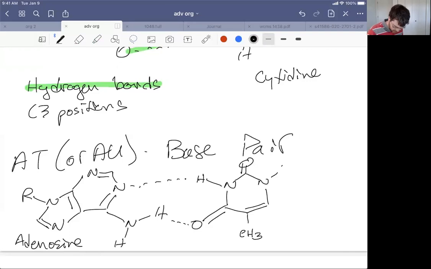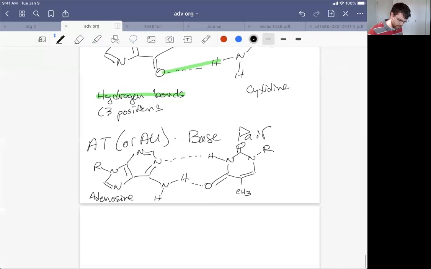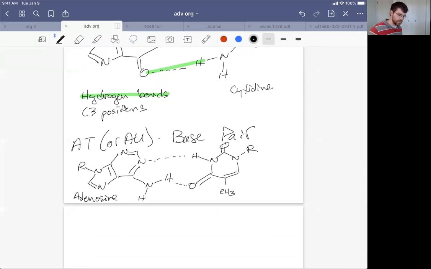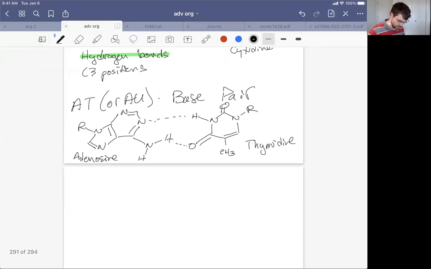It's just super versatile. It can form base pairing with 2 different bases, right? And so we could have the AU pair down here.